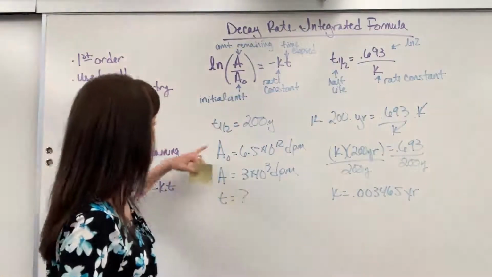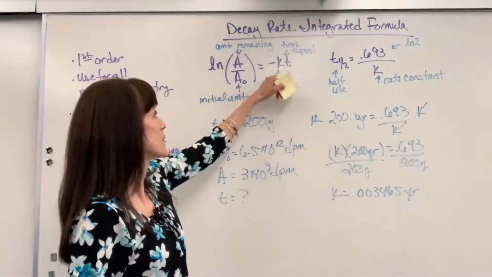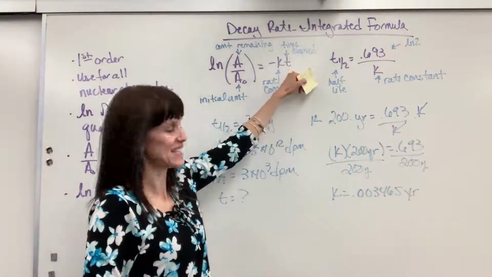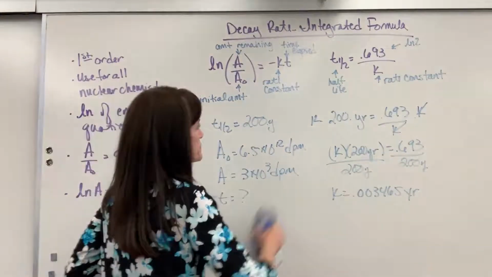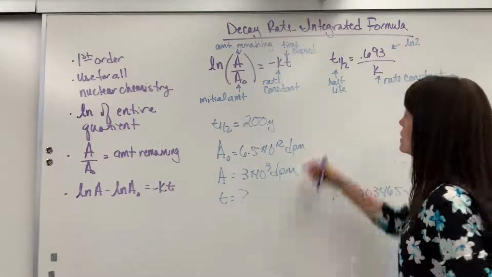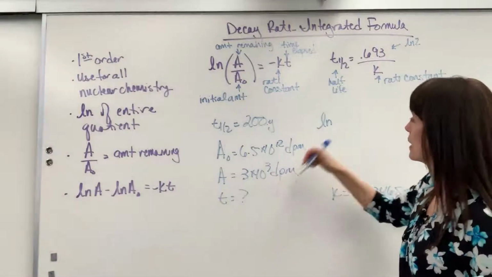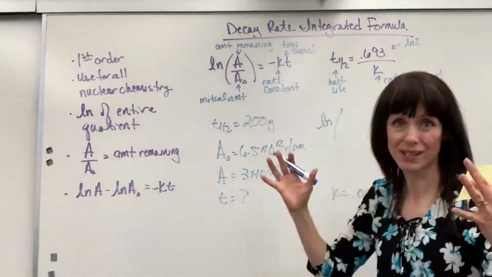Okay, so we found our k value. Now I can take initial amount, amount remaining, and our rate constant, plug it up here, and we can solve for t. So let's go ahead and do that. I'll erase this, and we'll plug in. So it will be natural log of the amount remaining, and I'm going to put this whole thing in a quotient.